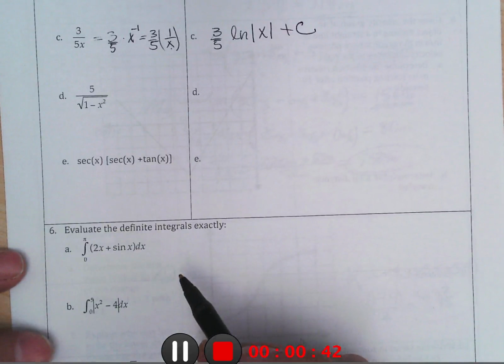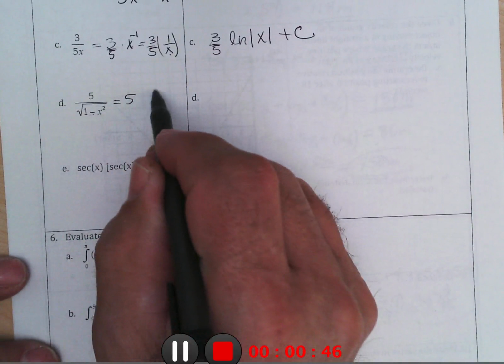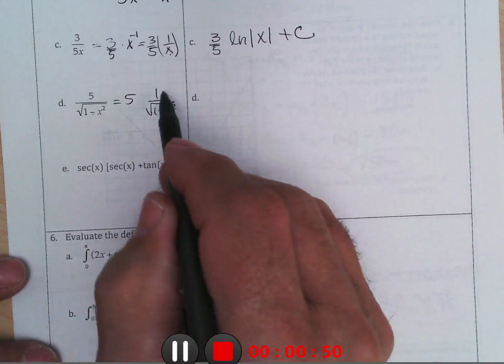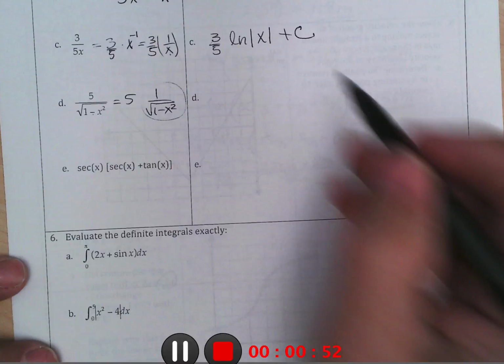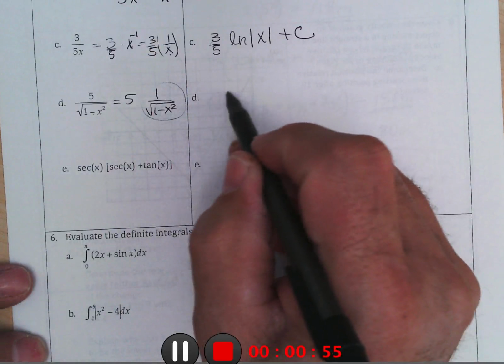And this one, 5 times 1 over square root of 1 minus x squared. That's that special antiderivative, arc sine.